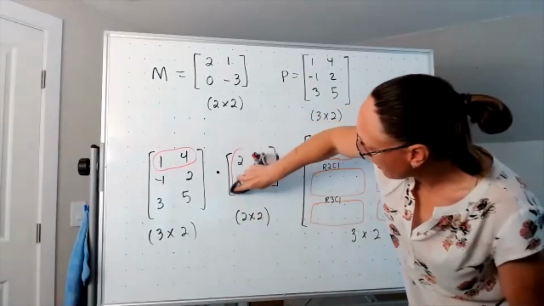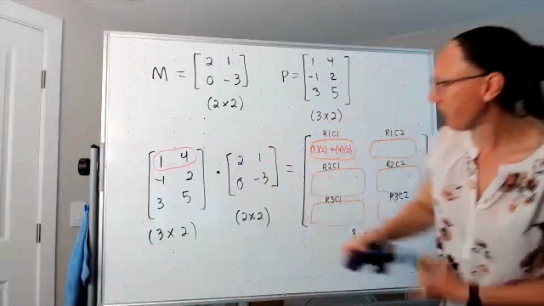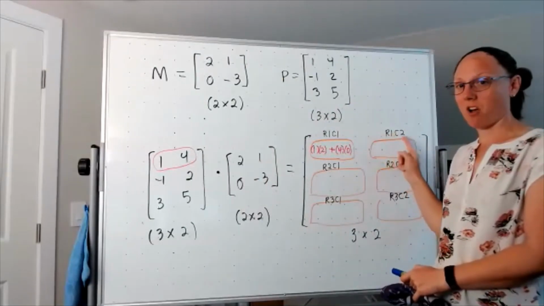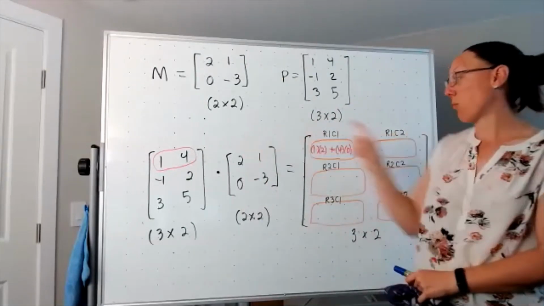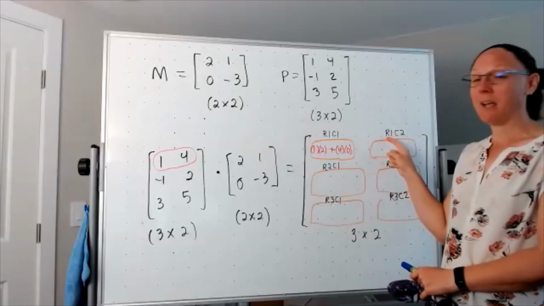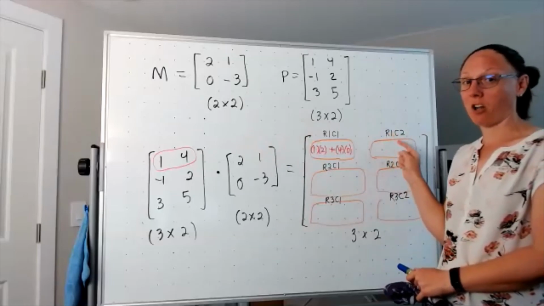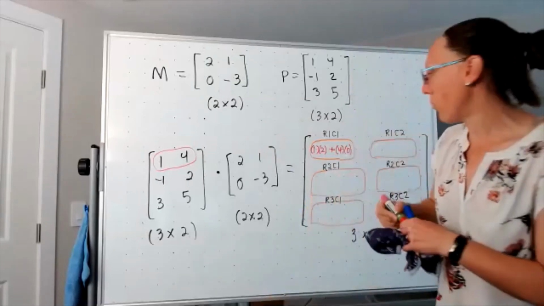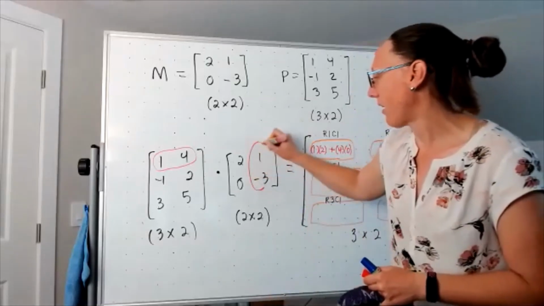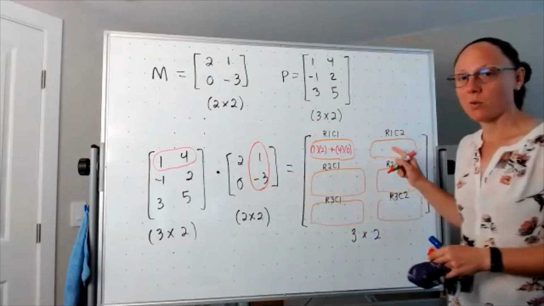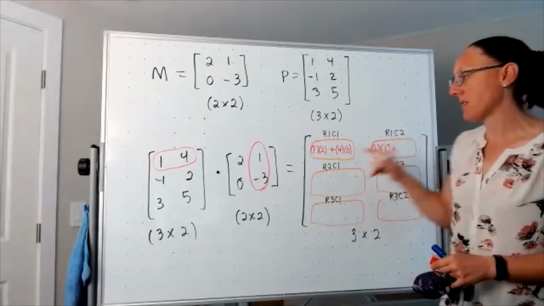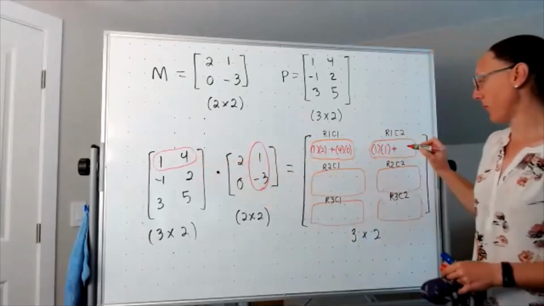Then I would move on. This next spot says I'm taking row 1 times column 2. So the same row 1 from matrix 1, but this time I'm multiplying by column 2 from matrix 2. So now I'm moving over here. So what would go here looks like 1 times 1 plus 4 times -3.